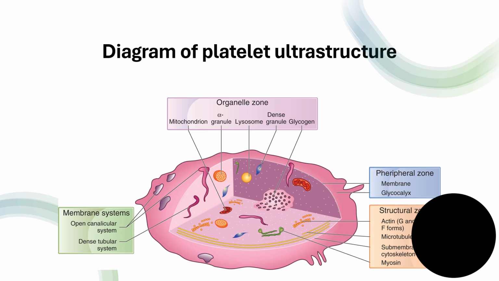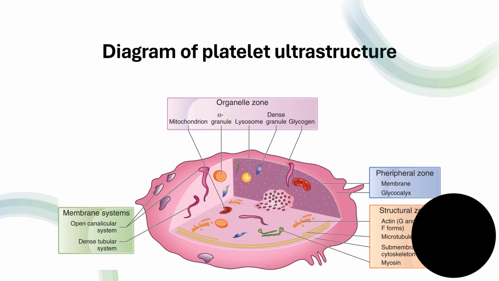The organelle zone houses granules essential for platelet function. First, the alpha granules contain clotting factors like fibrinogen and von Willebrand factor, growth factors, and adhesion proteins. The dense granules store ADP, ATP, calcium, and serotonin, which are secreted to amplify platelet activation.